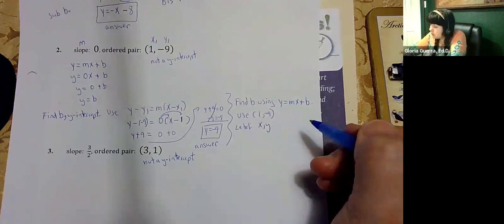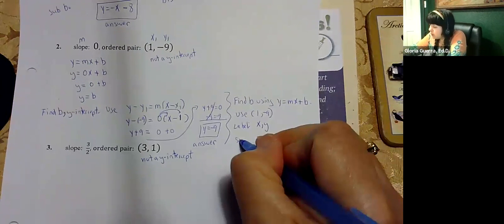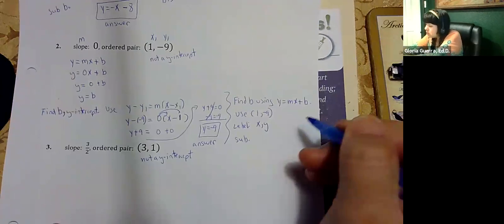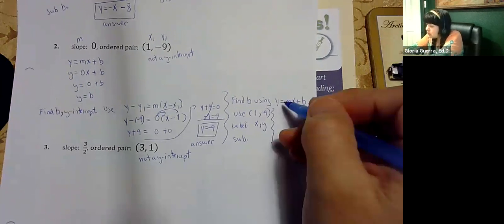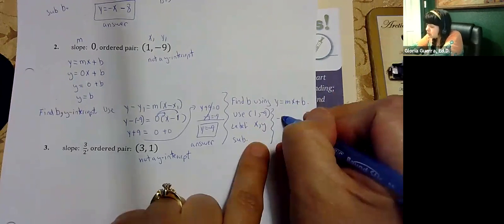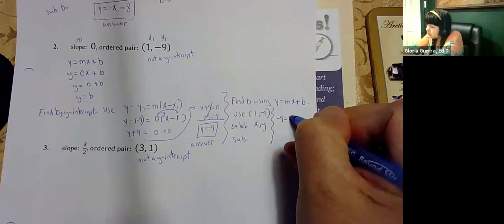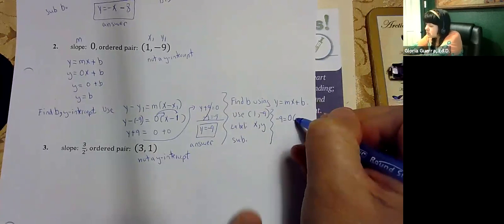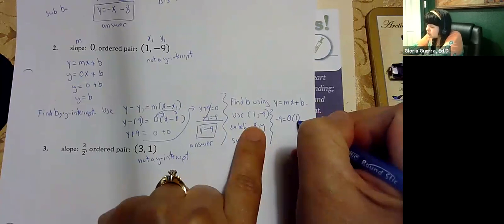Then we sub: y is -9 equals m, which is 0, times x, which is 1, plus b.